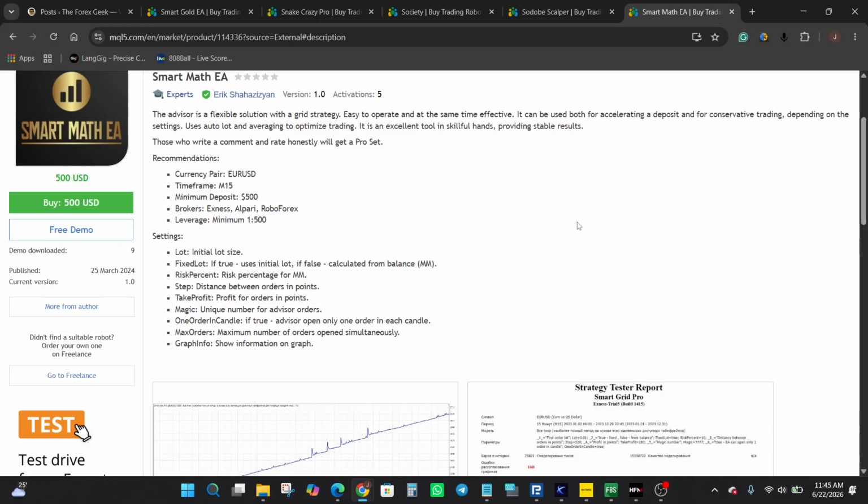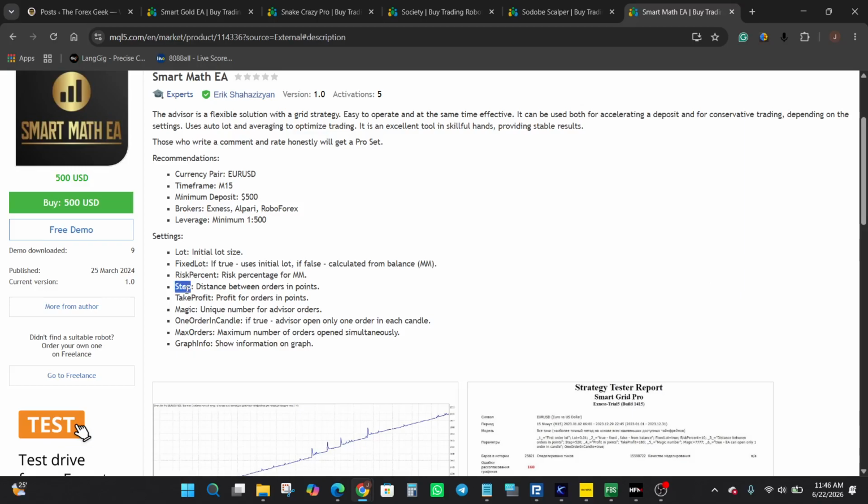The first parameter is the initial lot size setting, which controls the starting trade volume. Traders can either use a fixed lot size or enable the money management option, allowing position sizing to be calculated from account balance. There is also a risk percent parameter that influences money management calculations, giving traders another way to adjust exposure levels.